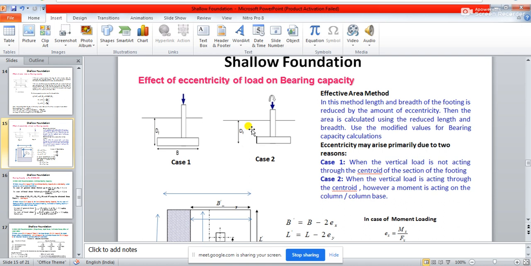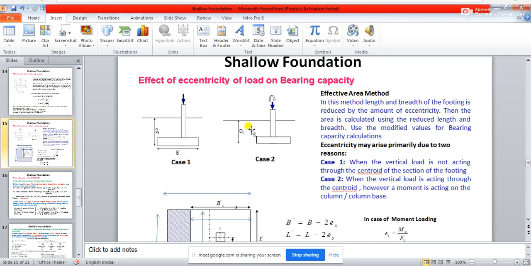You need not go back and put any value of eccentricity in the bearing capacity equation. Instead, you are actually reducing the length and breadth of the footing. When you have reduced the breadth, you are putting the modified breadth, that is the effective breadth of the footing, in the bearing capacity equation.